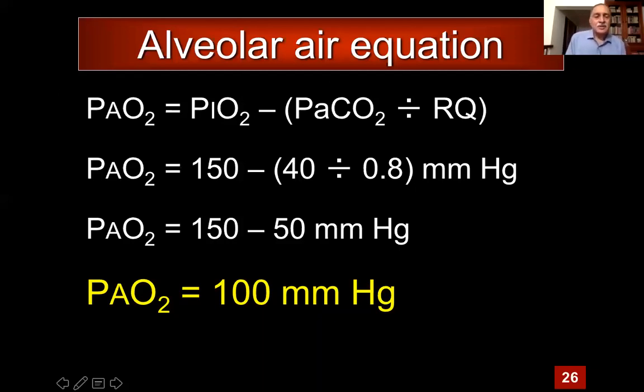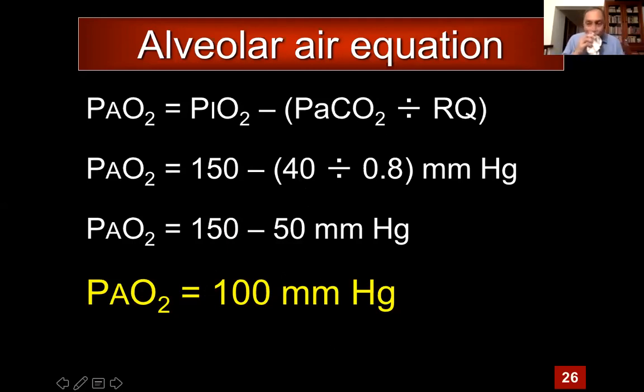The alveolar oxygen tension is given by the inspired oxygen tension, which we have calculated as 150 millimeters of mercury, minus the arterial carbon dioxide tension divided by the respiratory quotient. The normal arterial carbon dioxide tension is around 40 millimeters of mercury. So 40 divided by 0.8 gives us a value of 50. 150 minus 50 gives us a value of 100 millimeters of mercury.